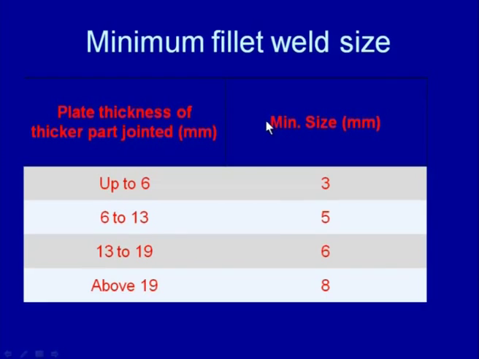The minimum fillet weld size is 3 mm up to 6 mm plate thickness, 5 mm for 6 to 13 mm, 6 mm for 13 to 19 mm, and above 19 mm, 8 mm fillet weld size is fixed.